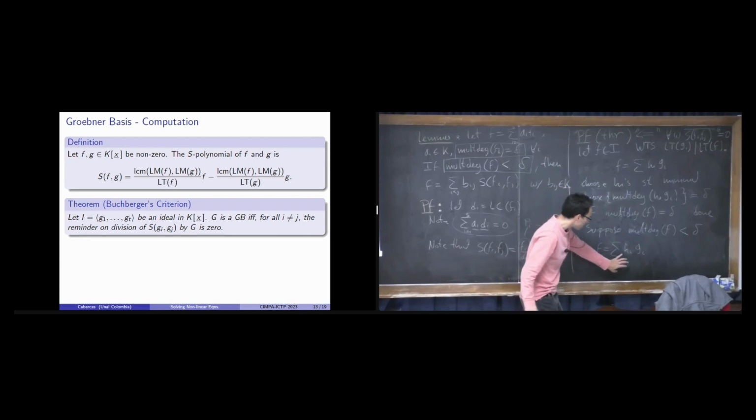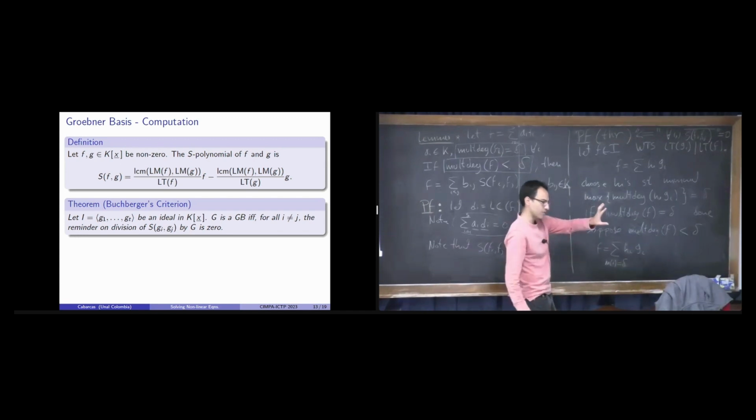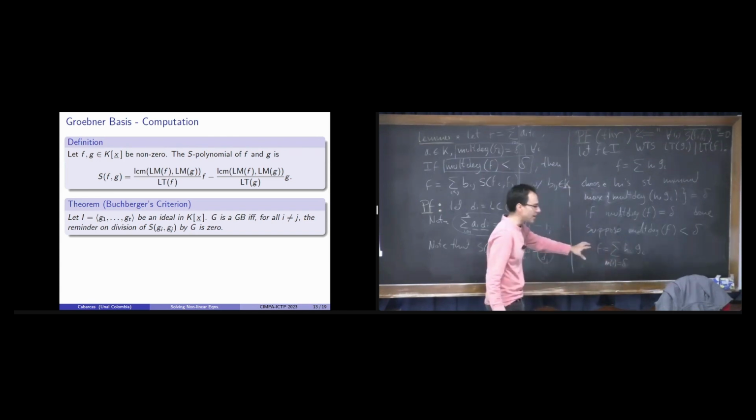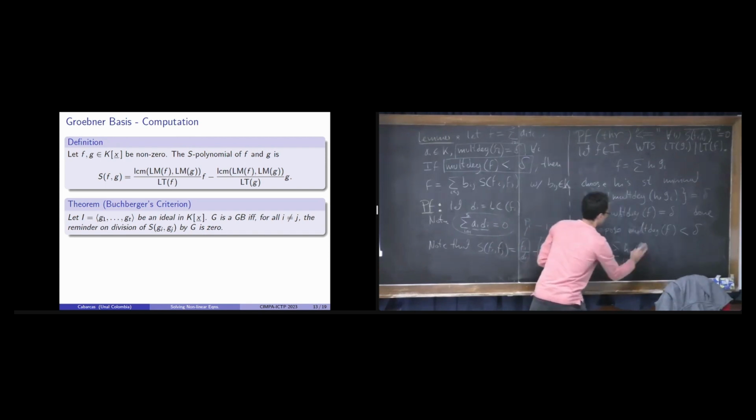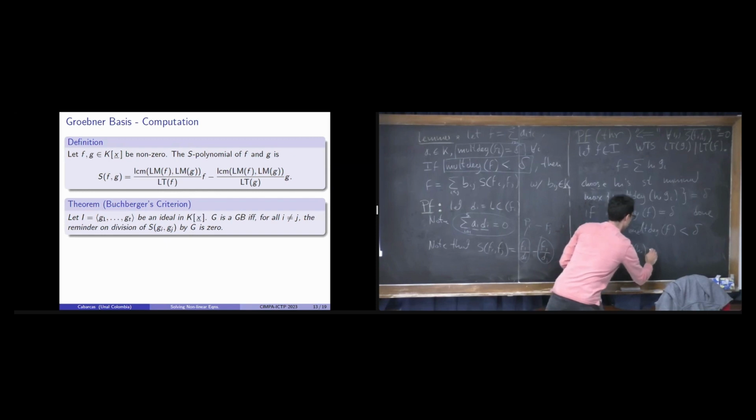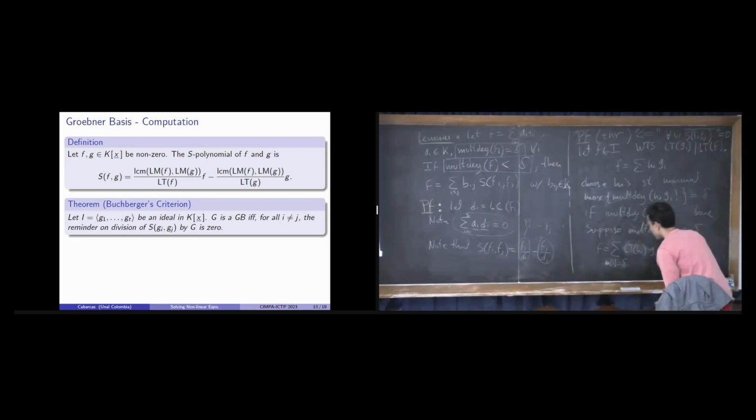So I'm going to isolate the cancellation so that I can apply the lemma. But I need a little bit more than that. So I'm going to take just the leading terms of the H_i's, and I'm going to leave the rest behind because all of the other things have less multi-degree.